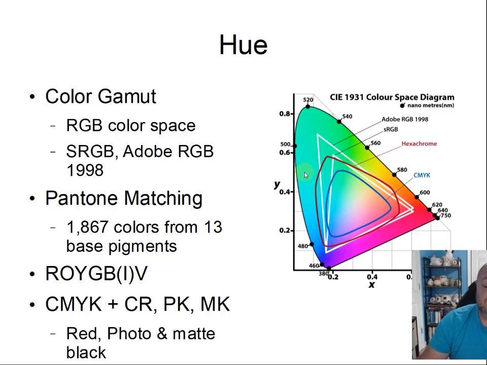It's a little bit more expensive, but that's the cost of doing business. But from that, you get 1,867 unique colors from 13 base pigments instead of the 3 pigments that you have for CMYK. And I've got another graph next that'll show what that effectively means.